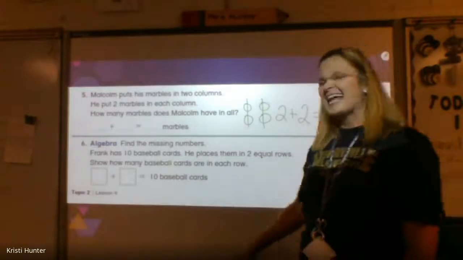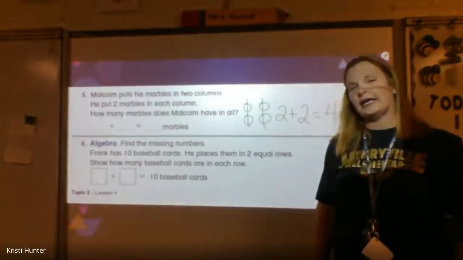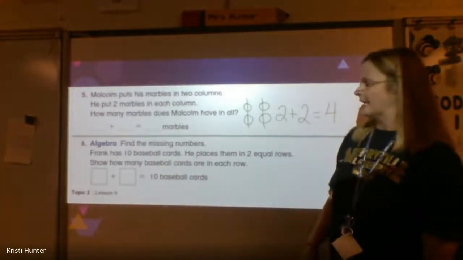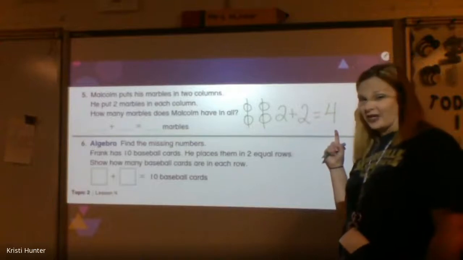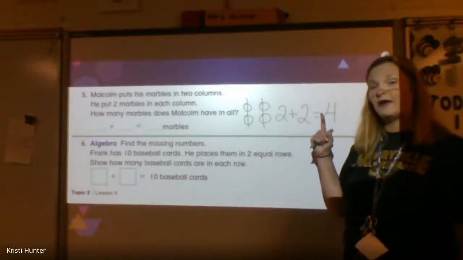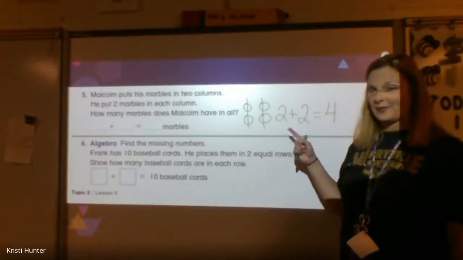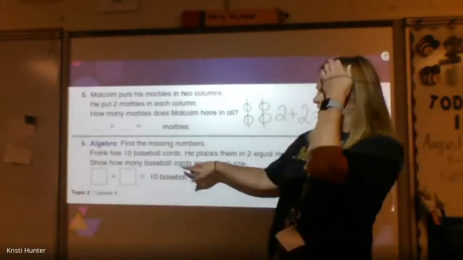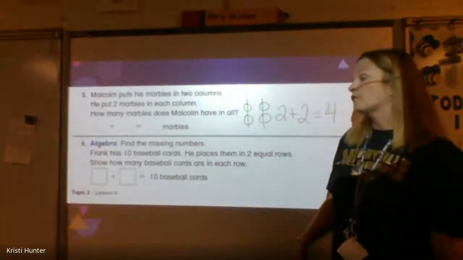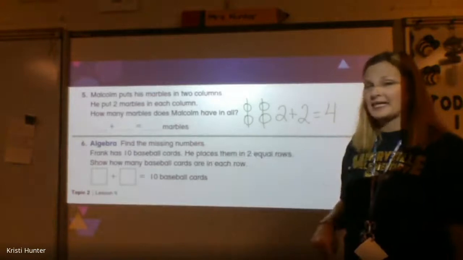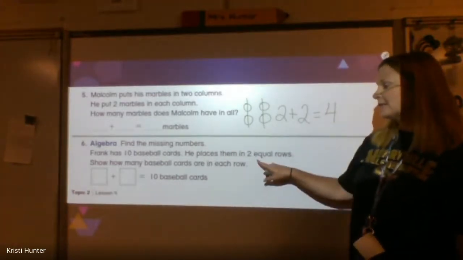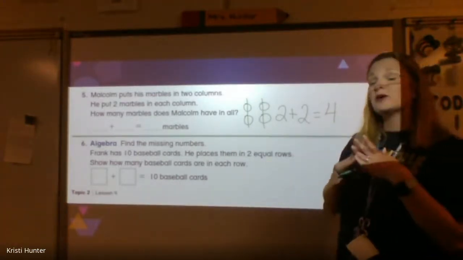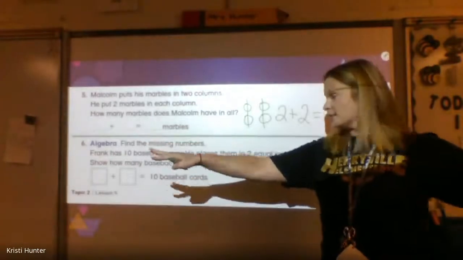All right, this next one is a little tricky. It wants us to think about something. It gives us the answer, and we've got to figure out part of the numbers, okay? So here's what it says. Find the missing number. Frank has 10 baseball cards. He places them into 2 equal rows.